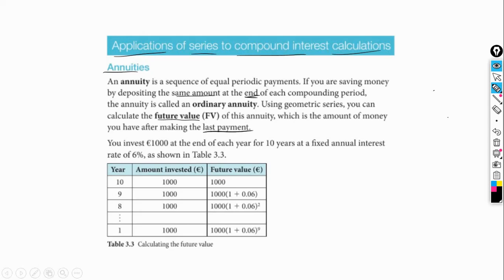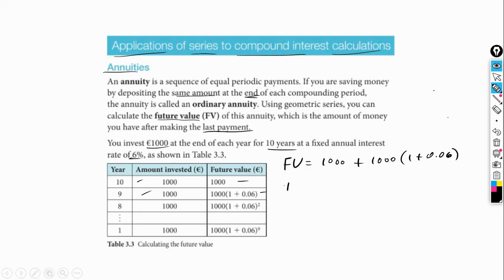So let's say you invest 1,000 euros at the end of each year for 10 years at a fixed annual interest rate of 6%, as shown in table 3.3. So you start in year 10 with 1,000, the next year you deposit another 1,000, and here you get the future value. So notice that in general, we could say that the future value is going to equal 1,000 for the first year, plus 1,000 times 1 plus 0.06, which is 6%.